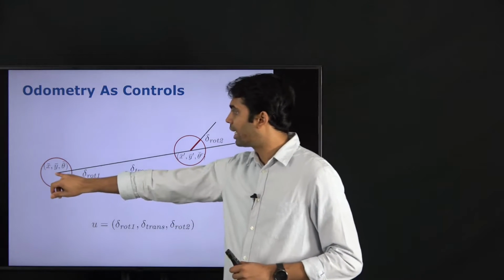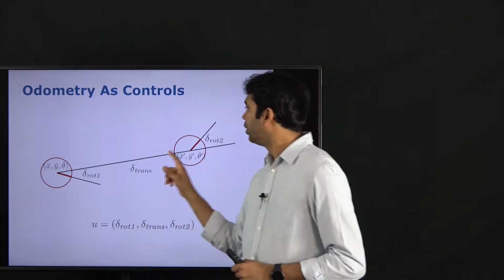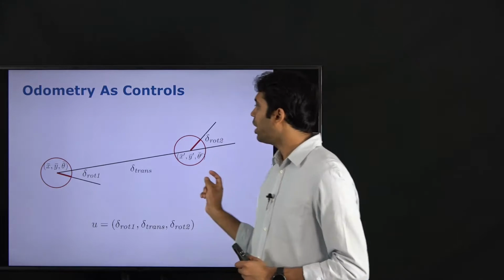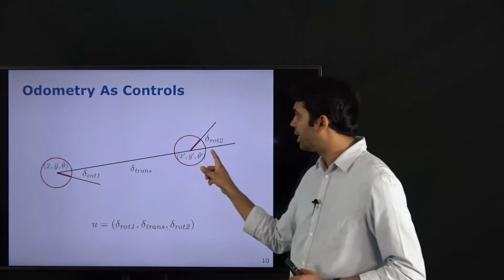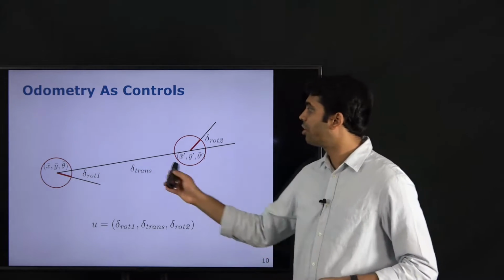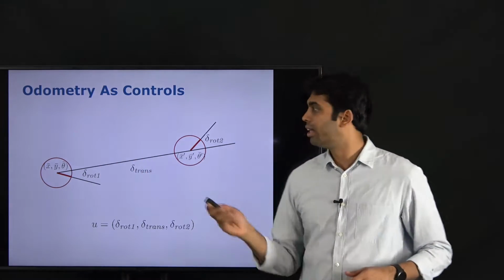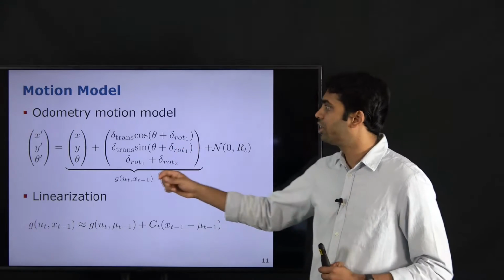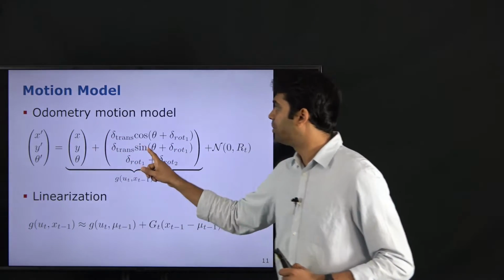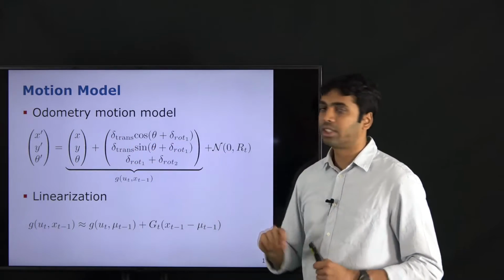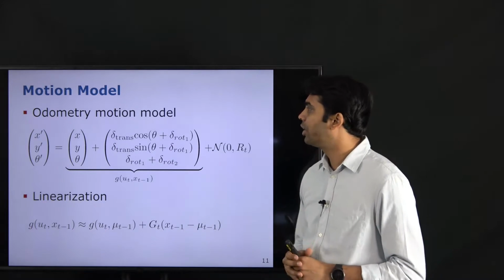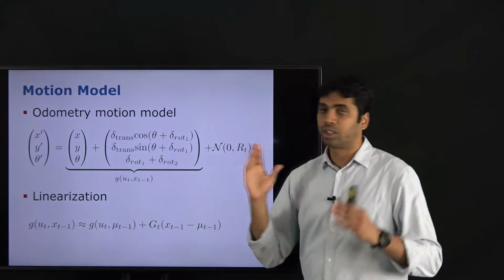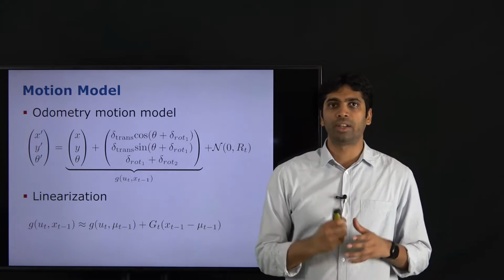For example, you start at x, then your new position would be this position plus this distance, so delta translation times the cosine of this angle plus your initial yaw, and this is the equation that we saw here. Similarly, we have the equation for your y position, which depends on your delta translation times the sine of the angle and the delta rotation 1 you do, and your final yaw would be your initial yaw plus the two rotations, delta rotation 1 and delta rotation 2 that you did.